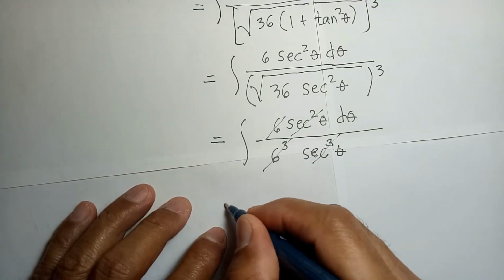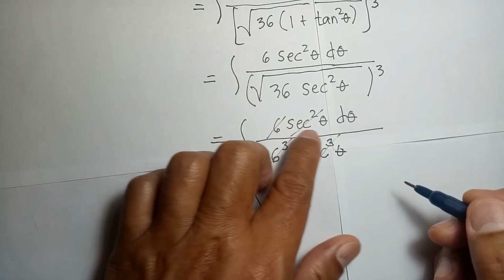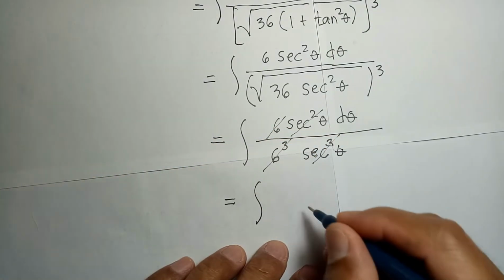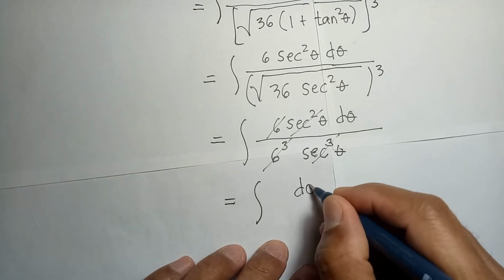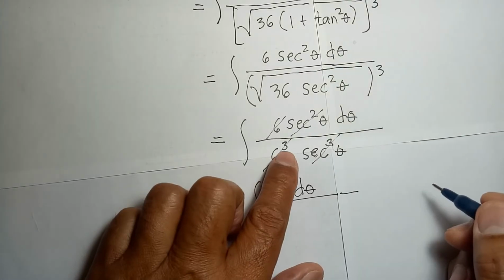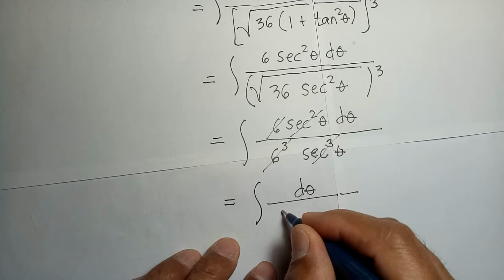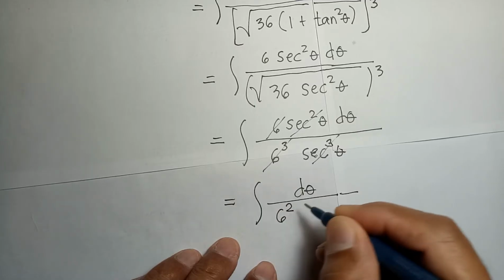Okay? So, meron tayong integral of. Natira sa numerator na lang ay d theta, divided by. Sa 6 cubed, dahil kinancel natin yung isang 6, natira na lang siya ng 6 squared.